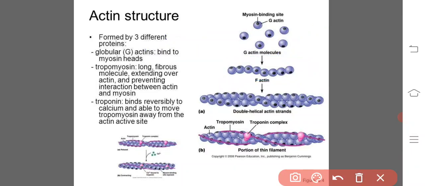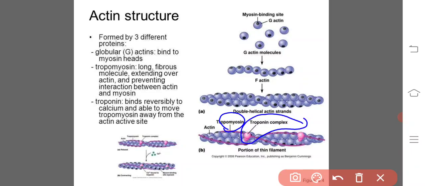You can see this thread-like pink structure is the tropomyosin, and here the pink ball-like structure is the troponin complex, which is composed of three subunits: troponin T, troponin C, and troponin I.